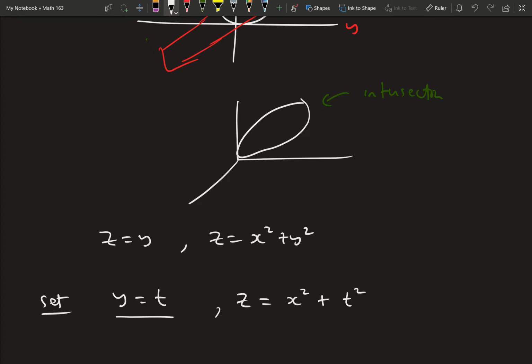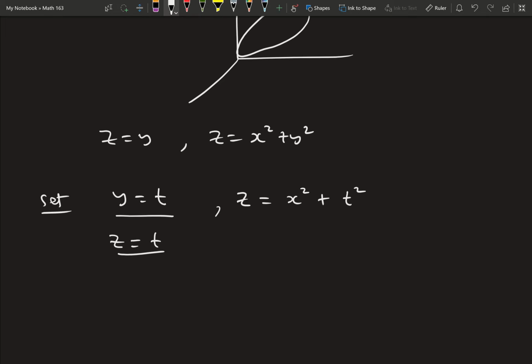But then z is equal to y, so z must also be equal to t. So we have t equaling x squared plus t squared, and so x squared would be t minus t squared.